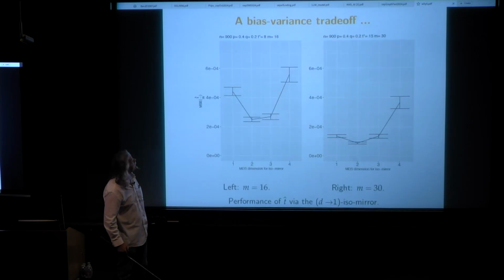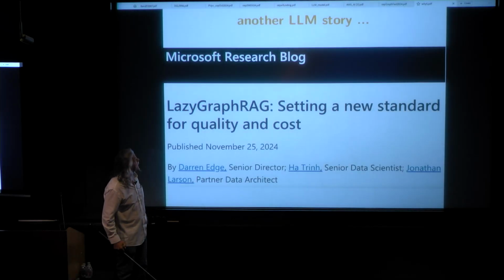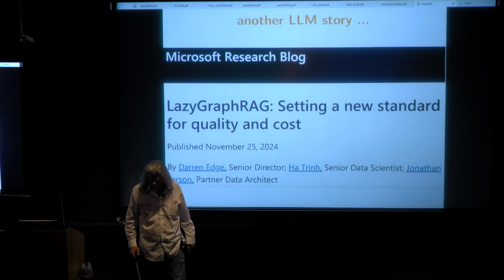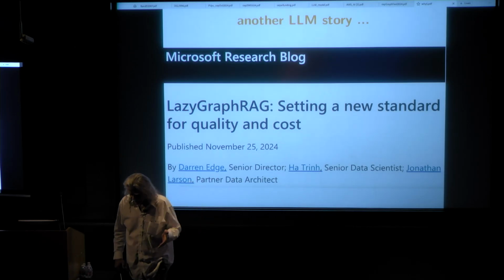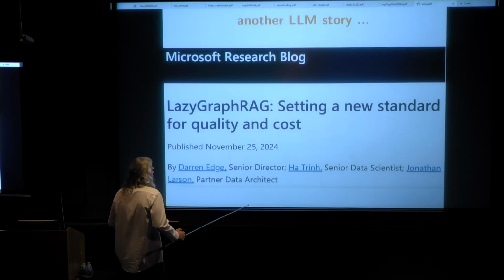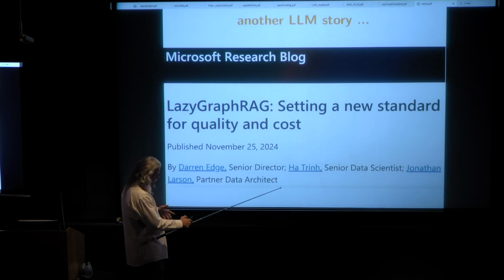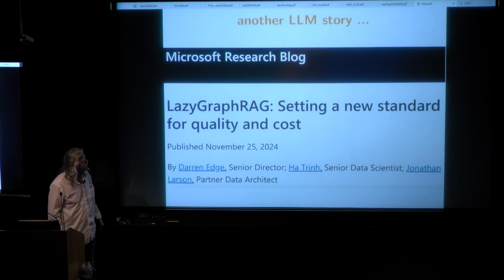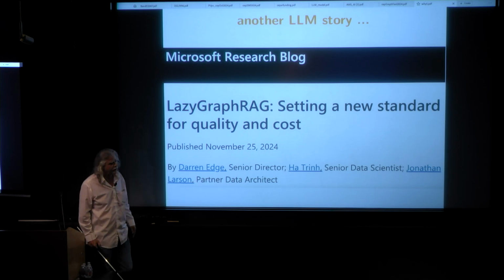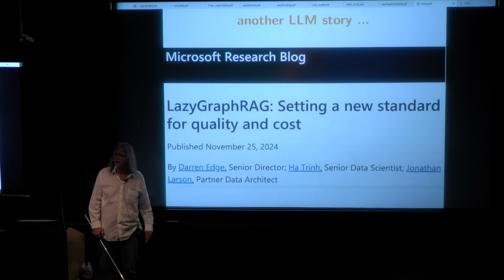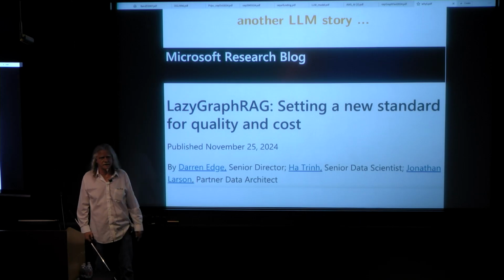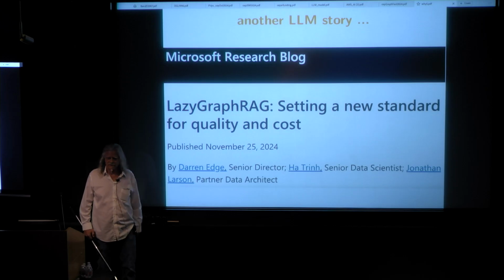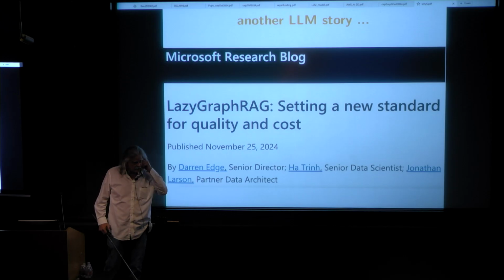And so that's a really great thing. I want to tell you, in my remaining 3 minutes, another LLM story. My Microsoft Research people have come up with this thing called lazy graph RAG. Some of you know a whole bunch more about LLMs than I do, and RAG and vector RAG. Then some people at Microsoft came up with graph RAG, which is better than RAG when it's better than RAG.